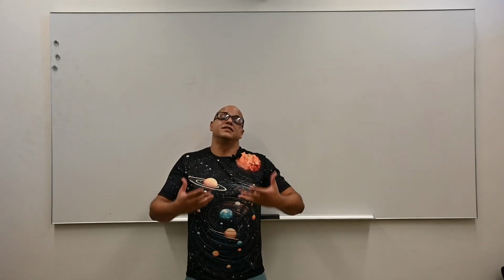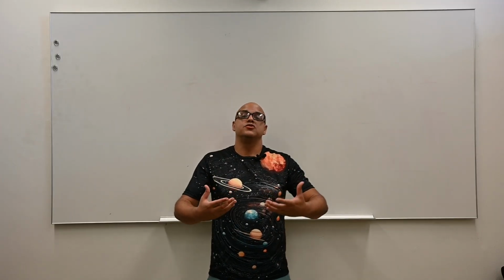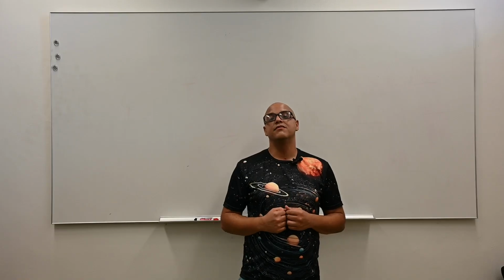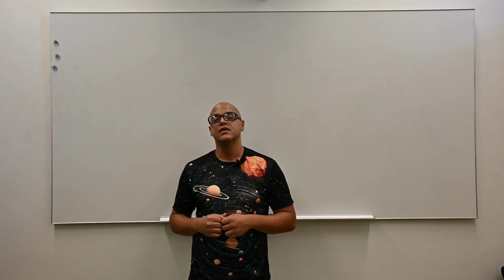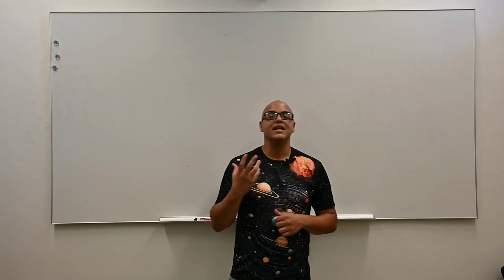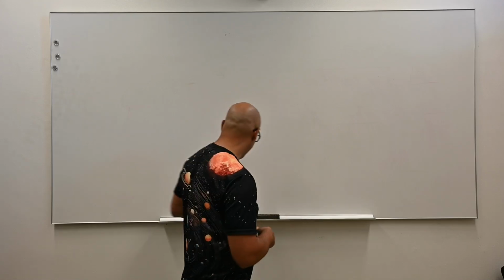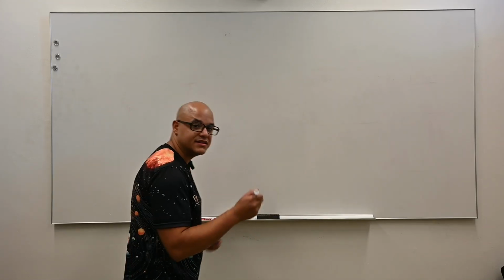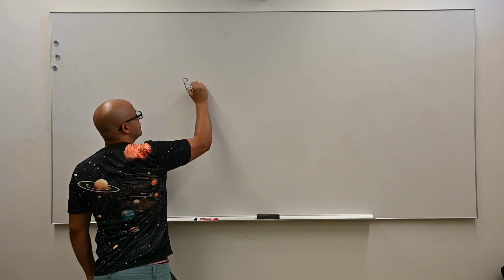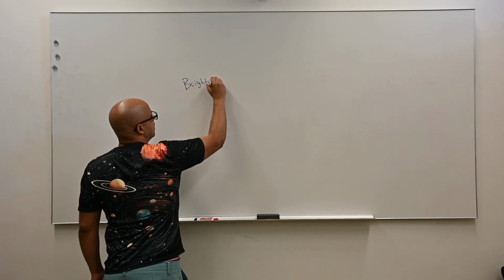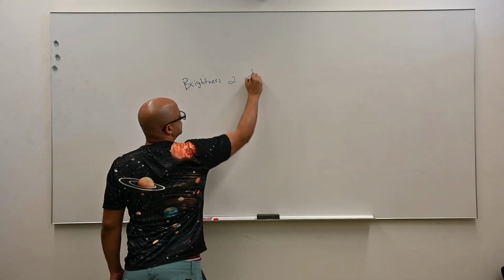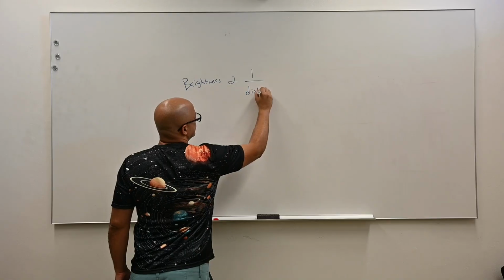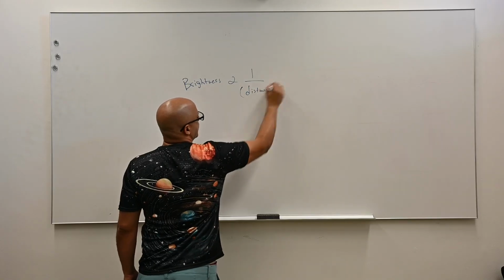So for larger distances, we turn to other methods. One of them is brightness and the inverse square law. So the inverse square law says brightness decreases with the square of the distance. So brightness is proportional to 1 over distance squared.